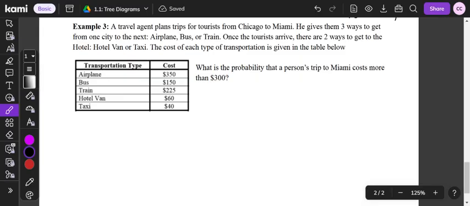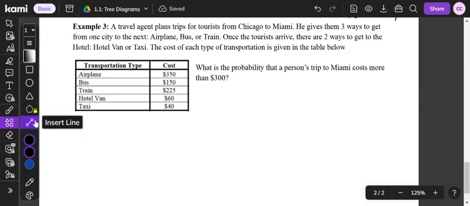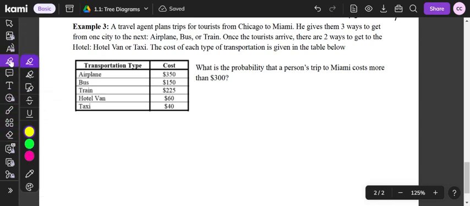Okay, cool. So let's make our tree diagram for this situation. So once again, the probability that a person's trip. So we're doing this tree diagram from the perspective of a person. So this person is leaving Chicago, and the first thing it tells us is we have 3 ways to get from one city to the next.